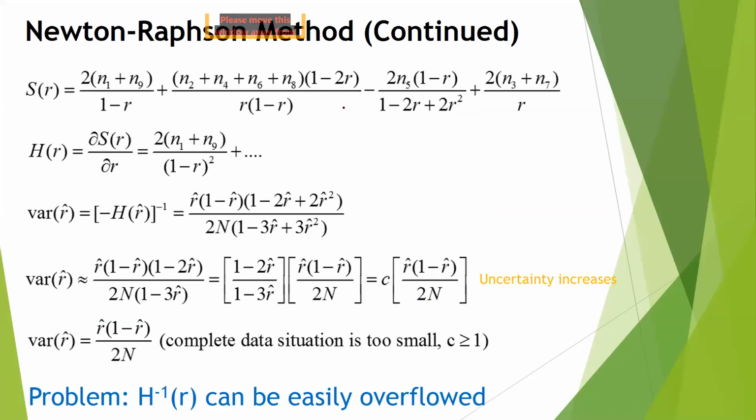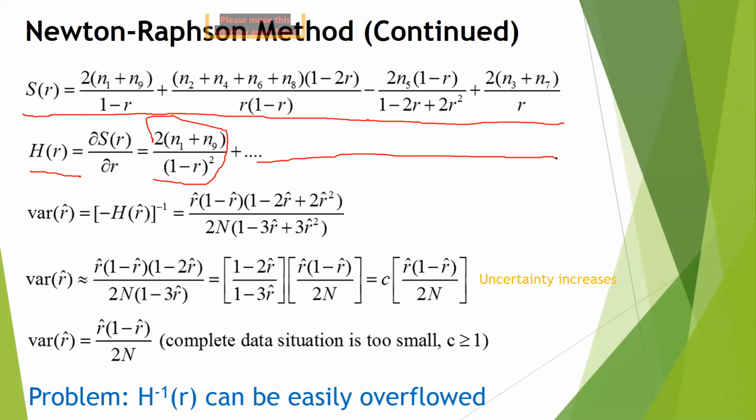All right, so let's continue. For example, in our 9 category example, this is the first derivative. If you want to do the mathematics, this is the first derivative and the second derivative, but it is too complicated, so I just write the first term here, and there are a lot of other terms.